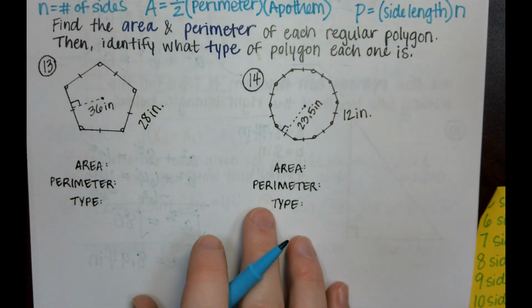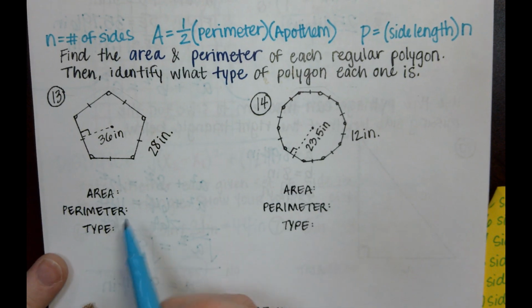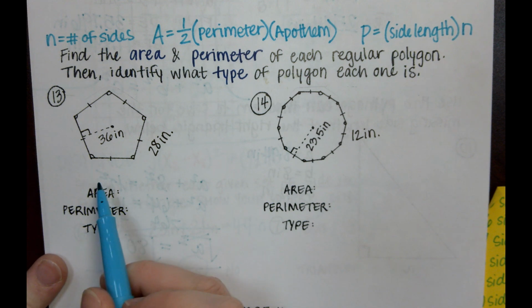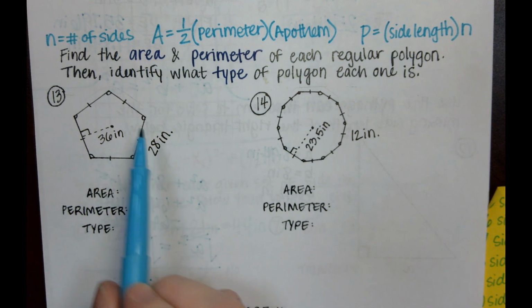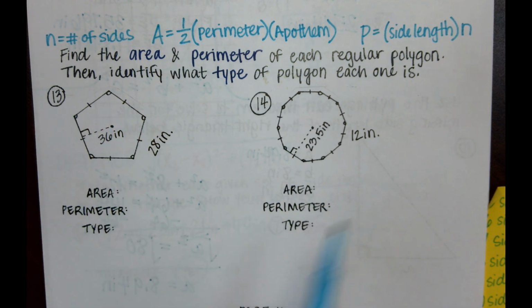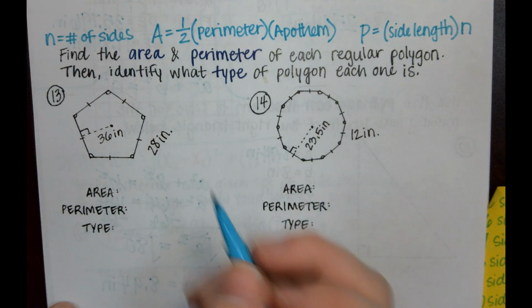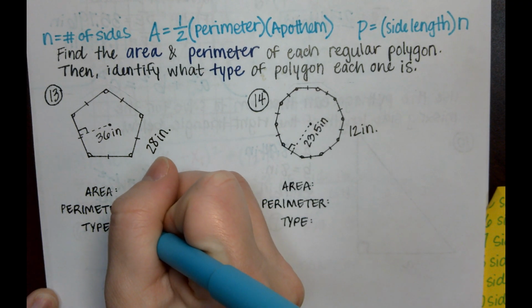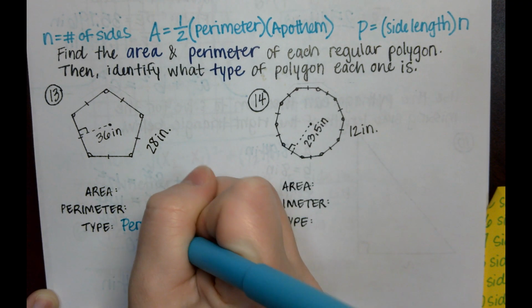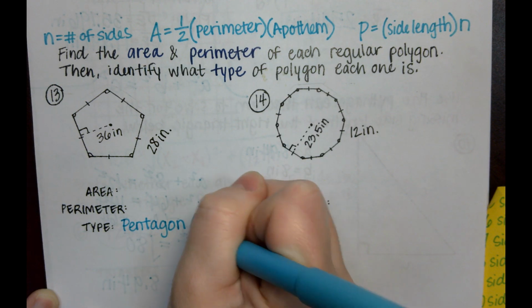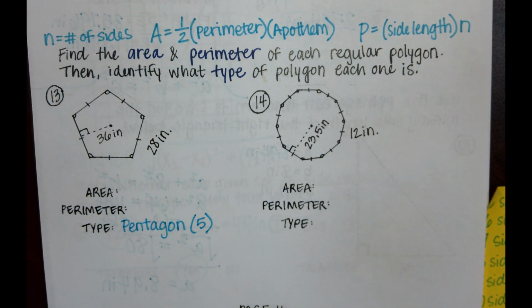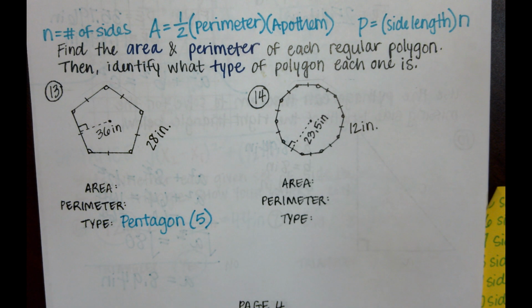Okay, so these we're going to have to kind of work backwards. We'll do the type, the perimeter, and then the area. So what type is number 13? That's a pentagon. We have 5 sides. Pentagon, in parentheses, I'll write 5. So how would we find the perimeter?